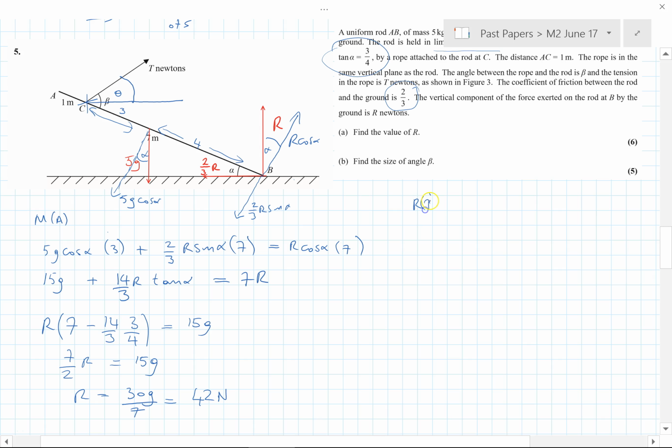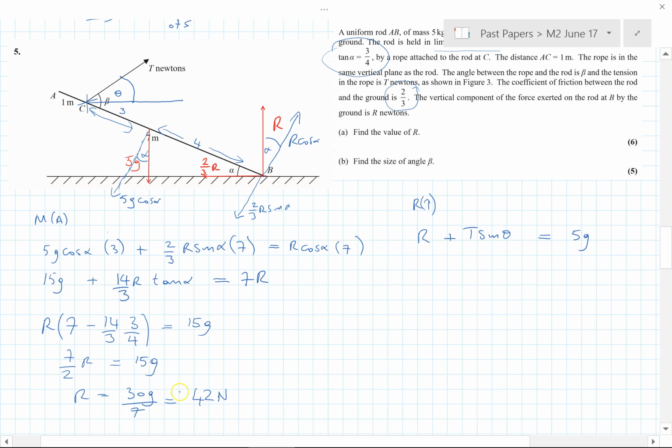Let's resolve vertically first. Obviously we've got the r force going upwards. We've also got the component of the t force going upwards here. That will be t sine theta. Those two are going upwards, and that will be equal to 5g.